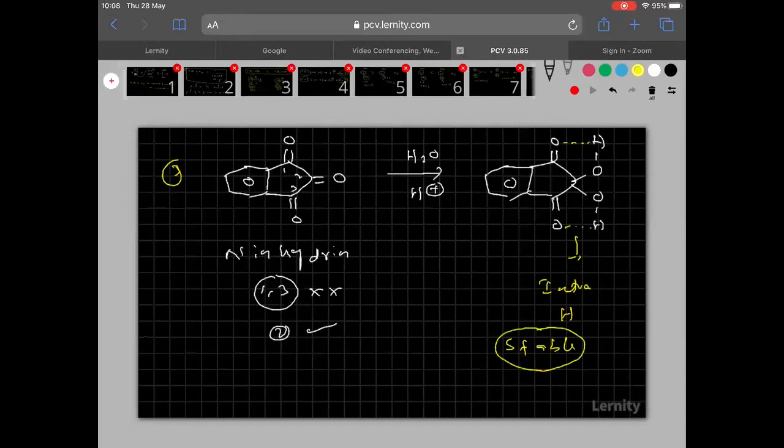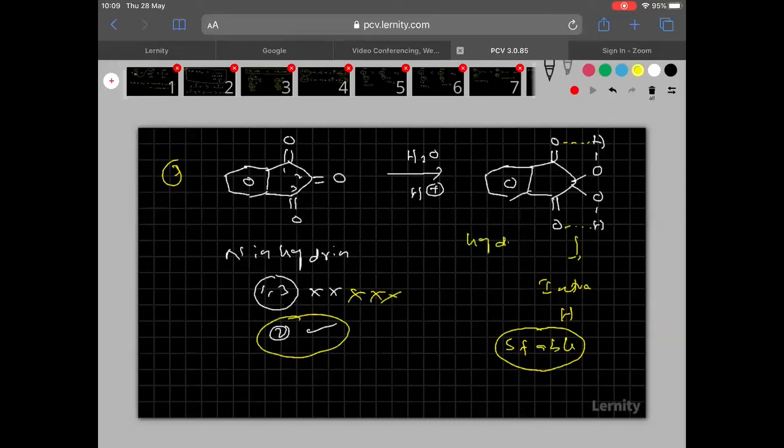So reaction takes place at second one, but not 1 and 3. If the reaction takes place at second one only, then there is a possibility of 2 hydrogen bondings. As a result, stability increases. I hope you are able to understand this one. So what is the name of this one?